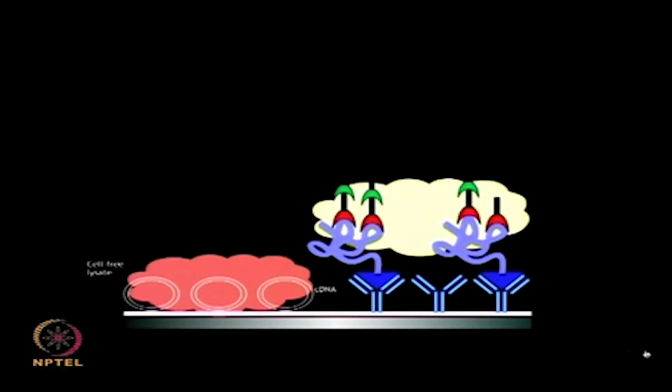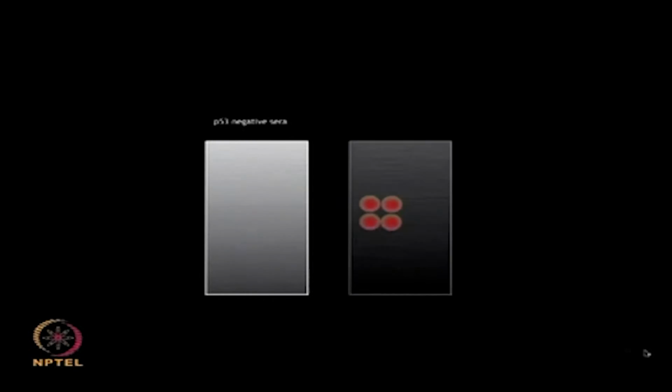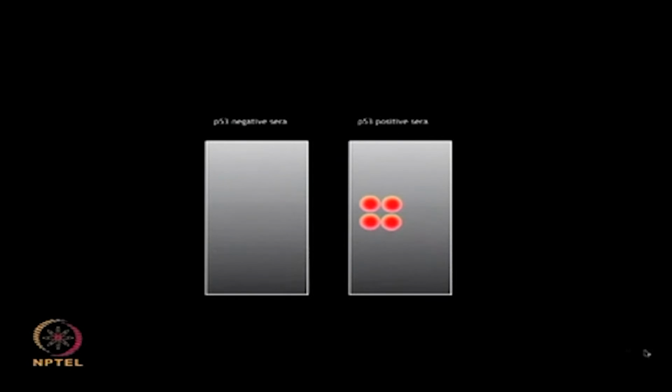In this study, detection was carried out by means of HRP linked anti-human IgG. The study detected p53 autoantibodies by means of NAPA microarrays, which was further confirmed by ELISA.